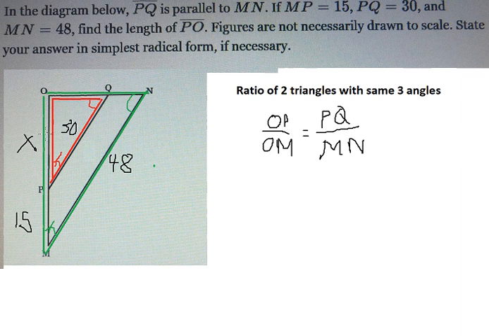So OP, that is S. OM, that is S and 15. So we have S plus 15 in here. BQ, we have 30. MN, that is 48.